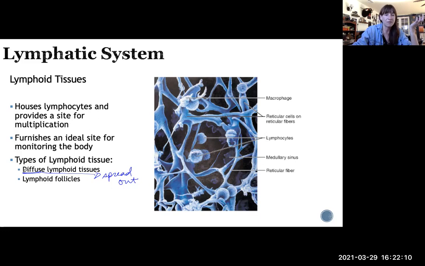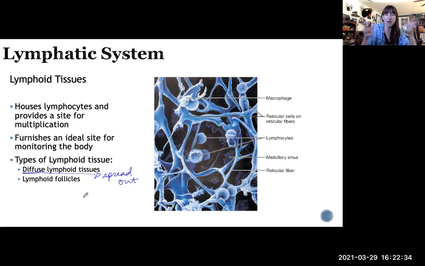So this diffuse lymphoid tissue is literally just wherever there is reticular loose connective tissue throughout your body, which is going to be throughout your body, in between your organs, in between your skin and your muscle, but more concentrated in some places than in others. In places where it is very concentrated, we might refer to it as lymphoid follicles.